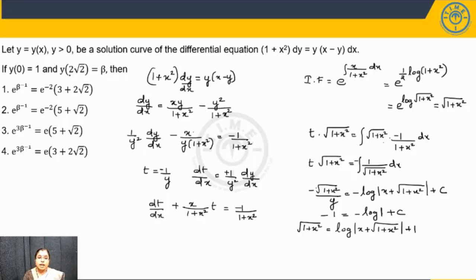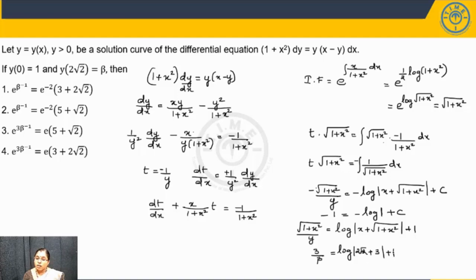Now let us put x = 2√2. So what do we get? (2√2)² is 8, 8 + 1 is 9, and 9/√9 is 3. So 3/β = log(2√2 + 3) + 1.